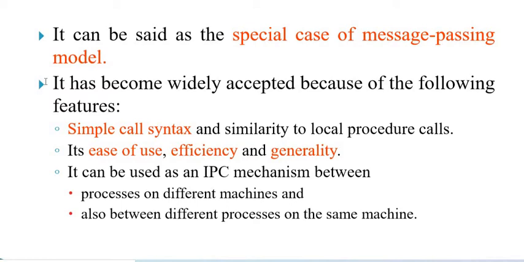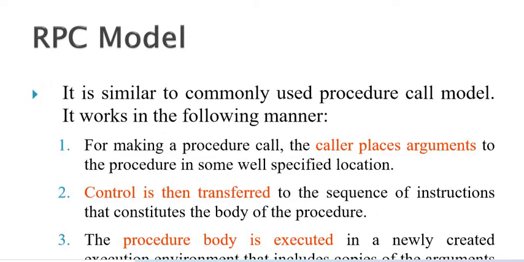Its efficiency, that is, procedure calls are simple enough for communication to be quite rapid. It can be used as an IPC mechanism to communicate between processes on different machines as well as between different processes on the same machine. Move to next slide.